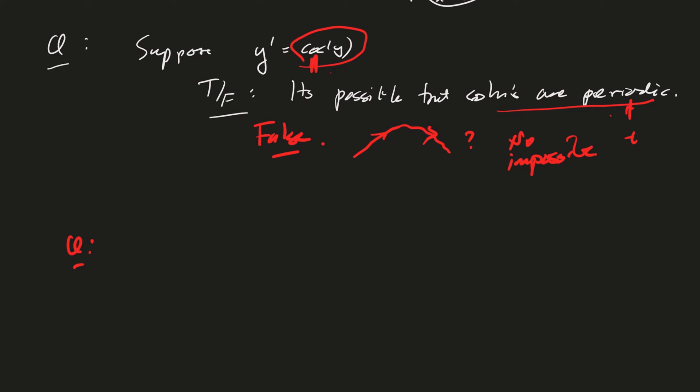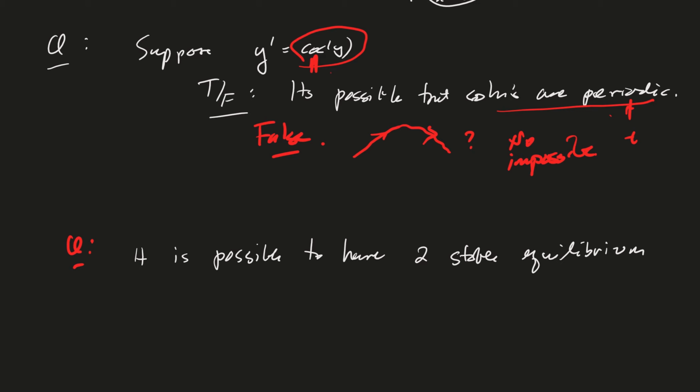Question. Whoops, let me change colors again. It is possible to have two stable equilibrium solutions and no unstable equilibrium.